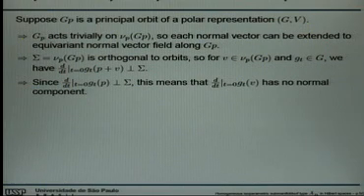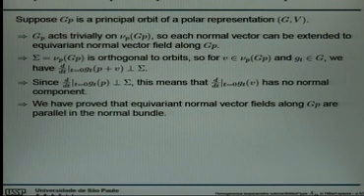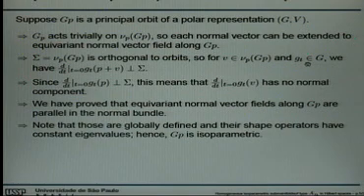Therefore, we see that this equivariant vector field has no normal components. So we have proved that equivariant normal vector fields are parallel with respect to the normal connection. Since these are globally defined, the corresponding shape operators have constant eigenvalues, and this proves that the orbit is isoparametric. So it's a very simple argument.